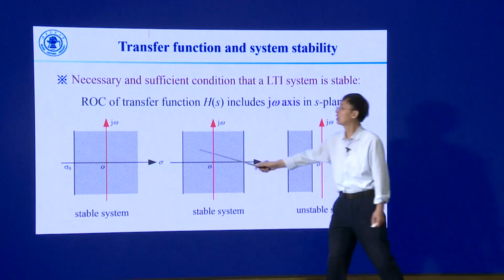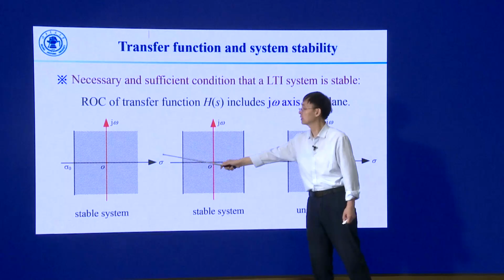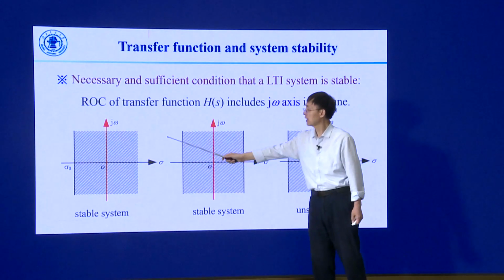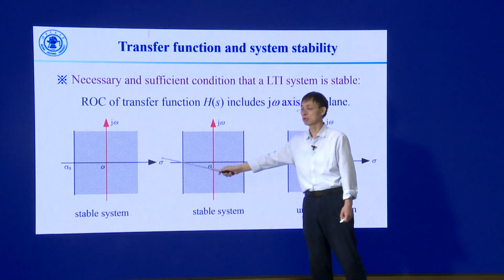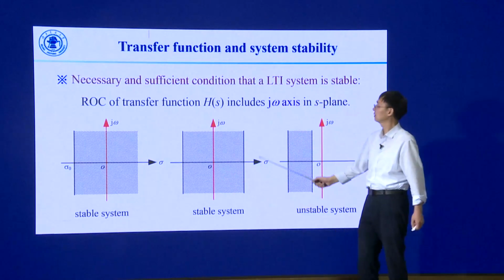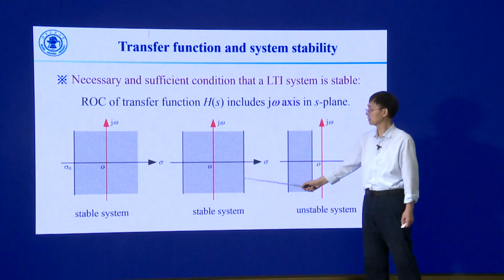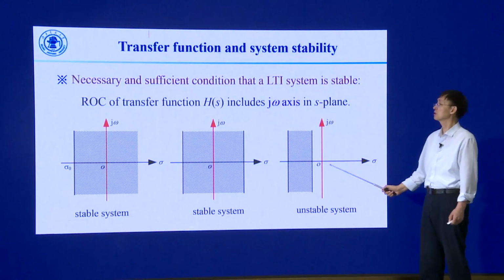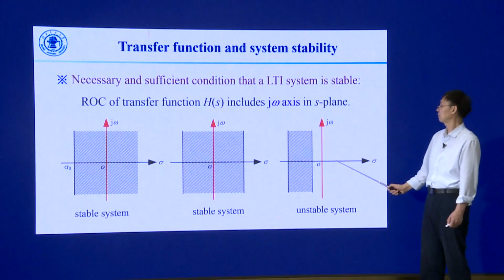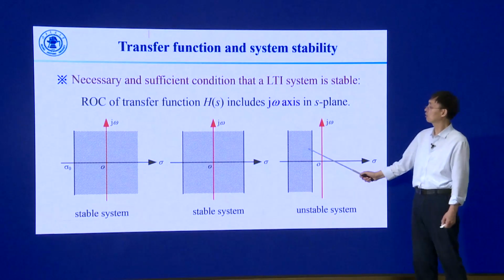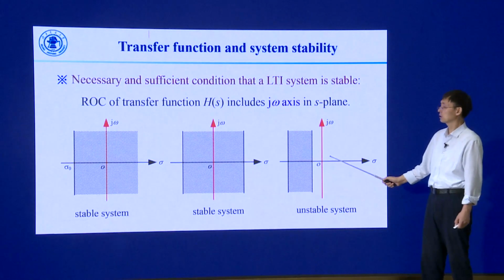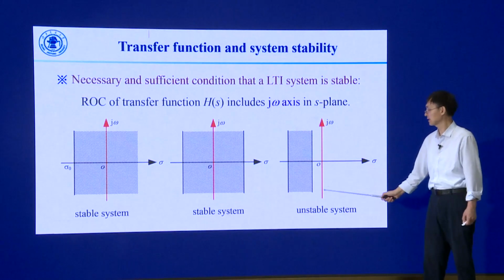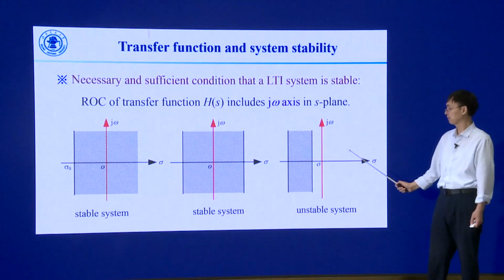Because this region of convergence includes the j omega axis, this system is stable. This system is also stable. This system is not stable because the region of convergence doesn't include the j omega axis in the S-plane.